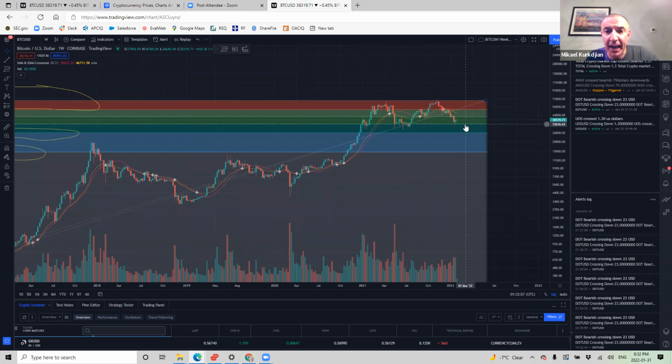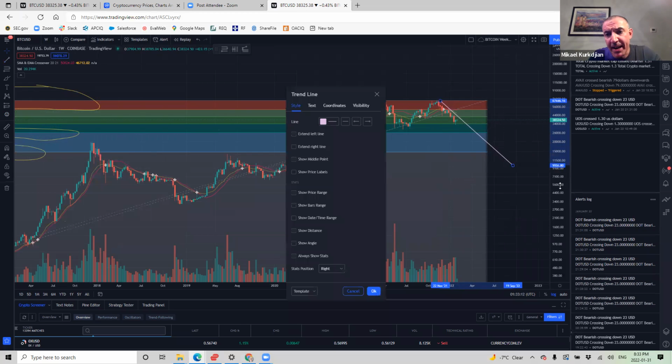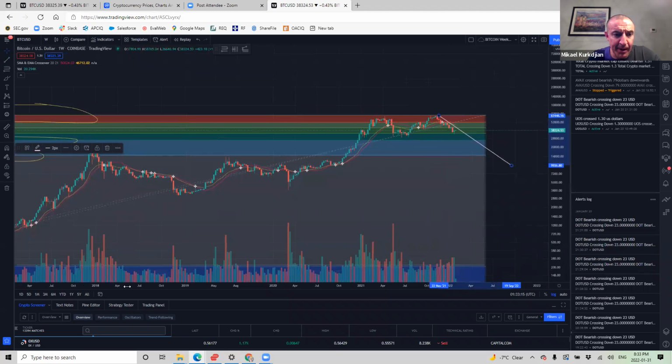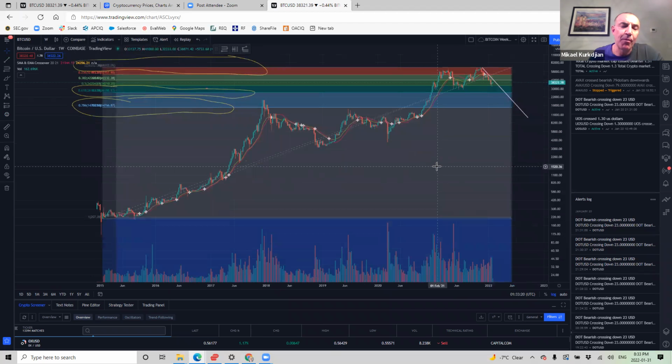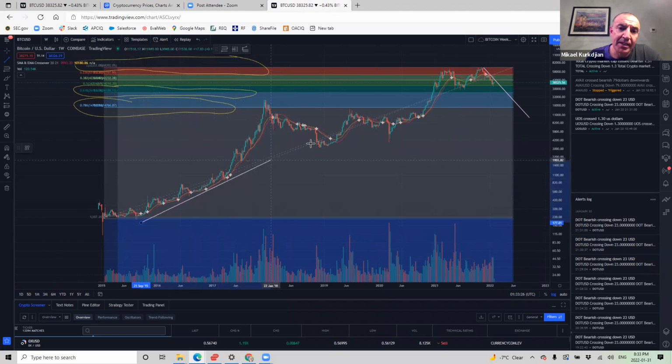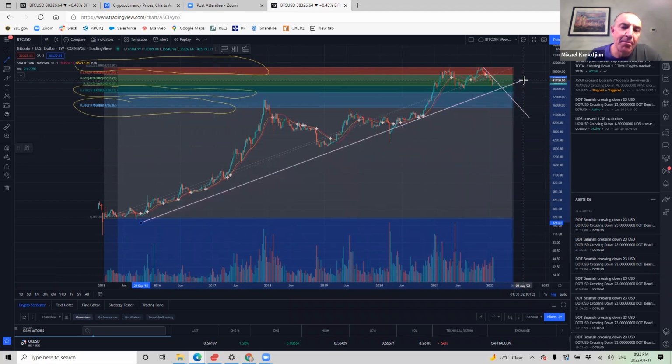If you look at the actual trend lines, we see that it's been pretty bearish since mid-November, because you see it's really going this way. But meanwhile, if we zoom out and take a look at it from way back when, we see that Bitcoin's all-time trend has obviously been very bullish.